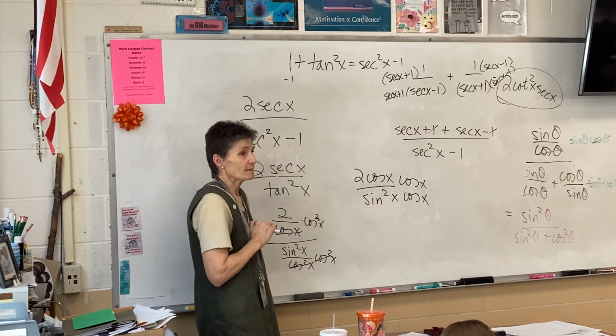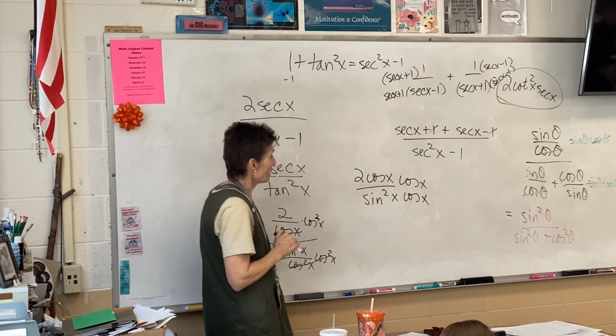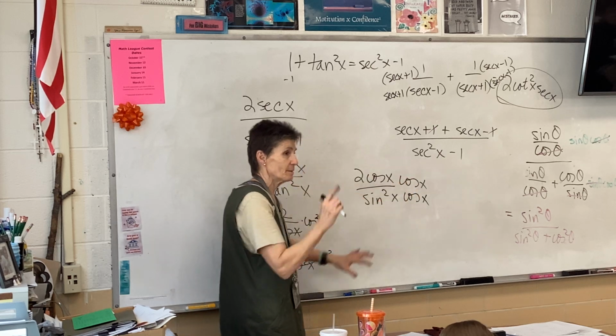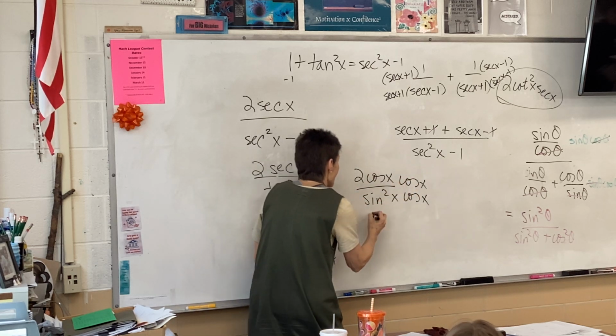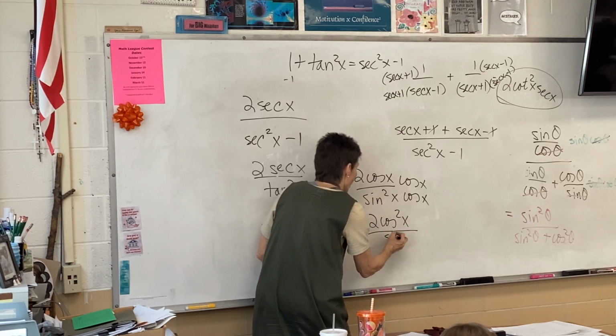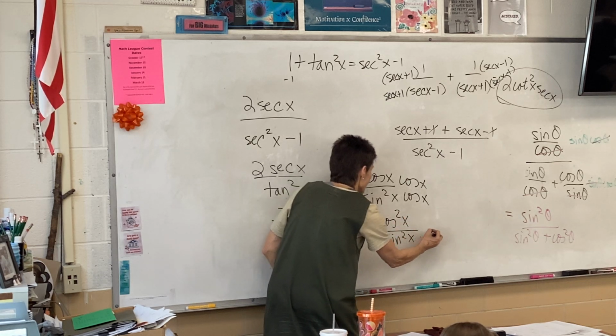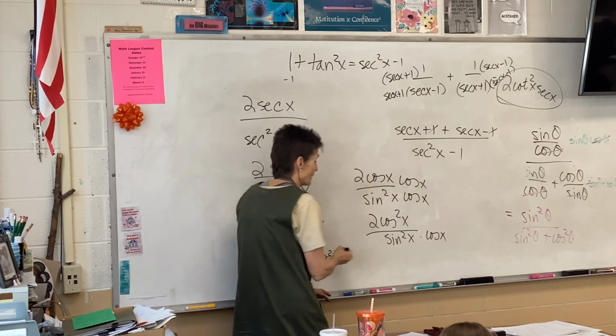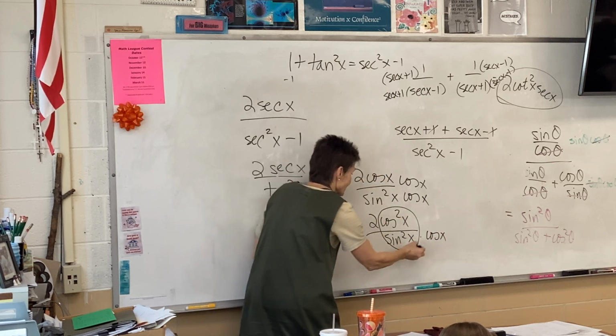Now, that kind of feels uncomfortable because you want to cancel, but don't cancel. Instead, think of it as 2 cosine squared over sine squared times cosine. What is this?